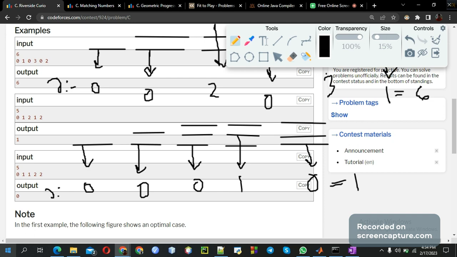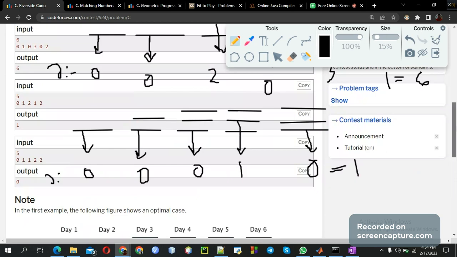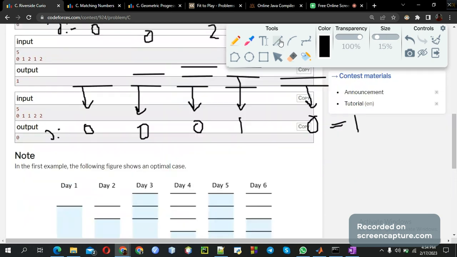If we try to solve for another problem, this is 0 1 1 2 2. At the first day, we have only one watermark, and our water is situated till this level. Next day, we have only one watermark situated above the water level. So we have to add another watermark so that this condition will be verified, and water is situated till this.